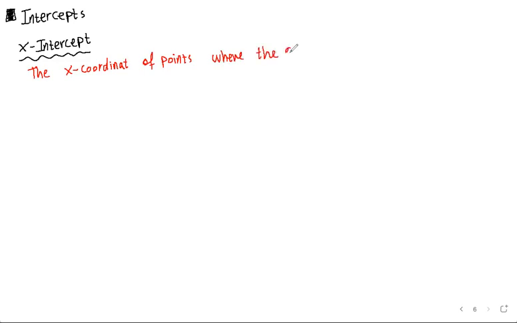So let me define the x-intercept. The x-intercept is the x-coordinate of the point where the graph of the equation intersects the x-axis.